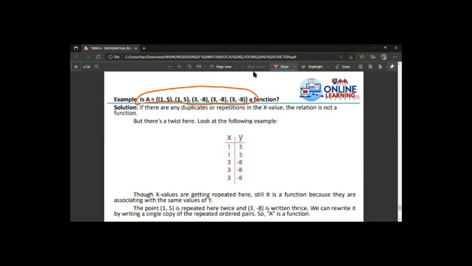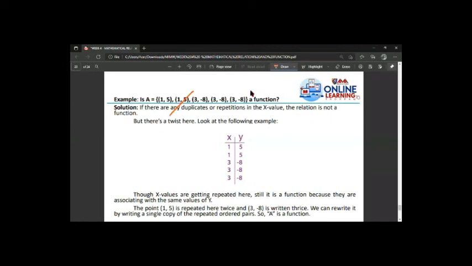Based sa knowledge na gather natin kanina na dapat yung first element or domain should be unique. Relation siya, right? Pero sabi doon, pag nag-repeat ang buong ordered pair, dapat i-omit mo or tanggalin mo yung sumobra. Itong 1,5, di ba, dalawa? So, tanggalin mo yung isa.